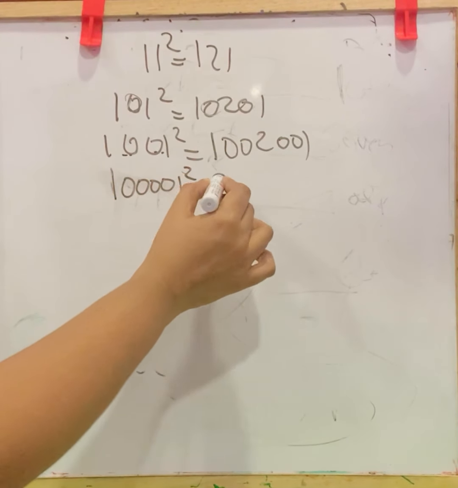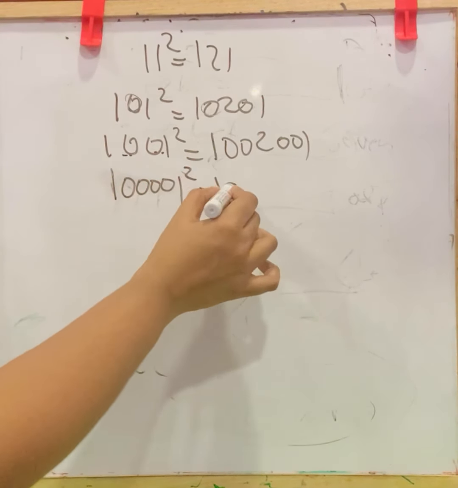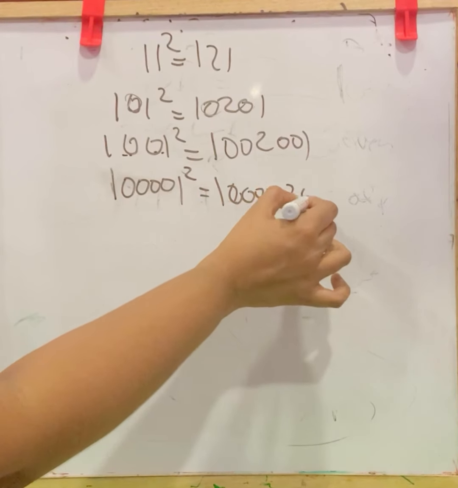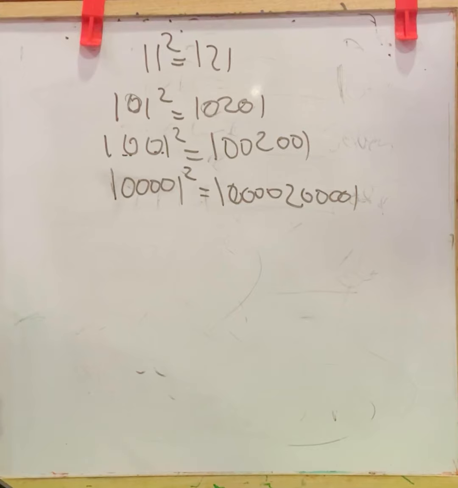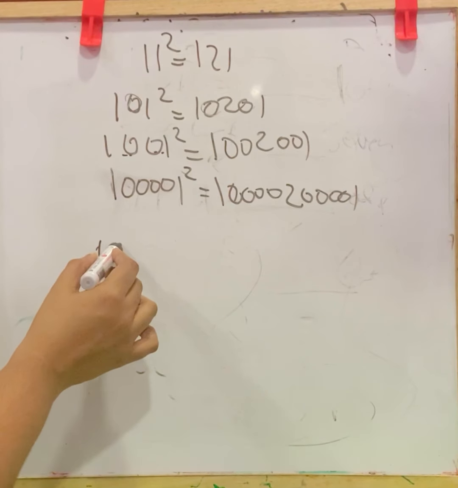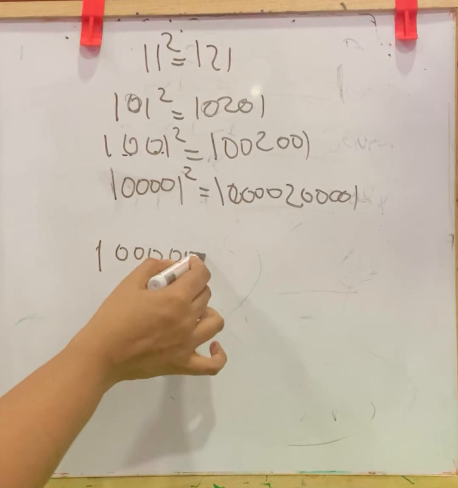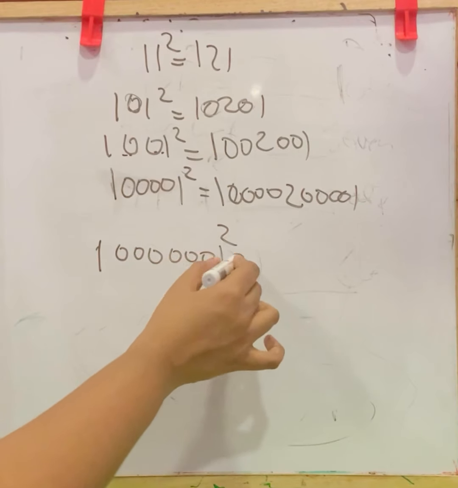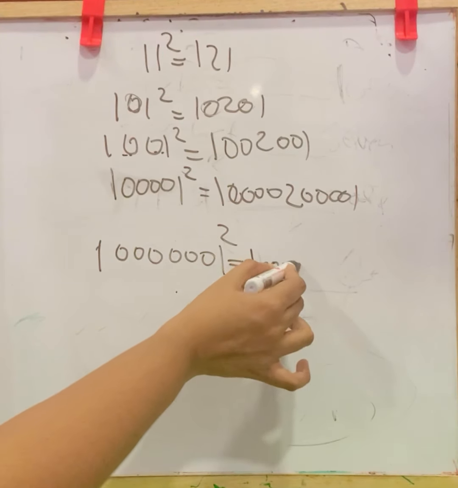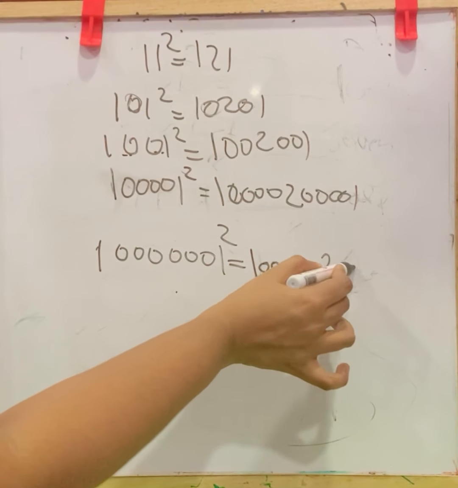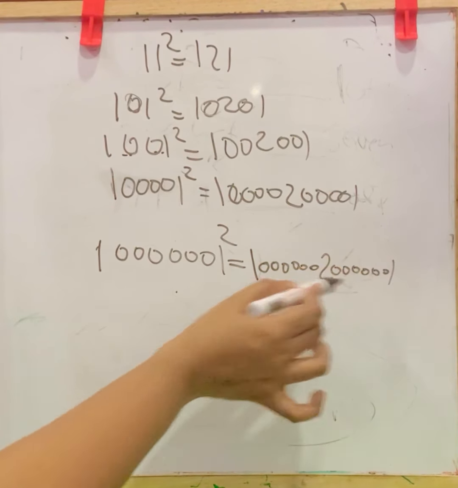Next, this pattern will have 4 zeros between the numbers. Next is 1 and 1 with 6 zeros between them. So the result will be 1, 6 zeros, 2, again 6 zeros, then 1.